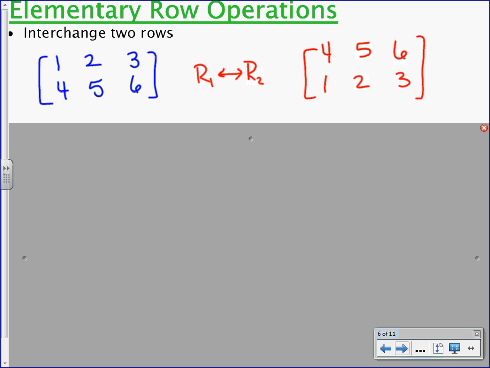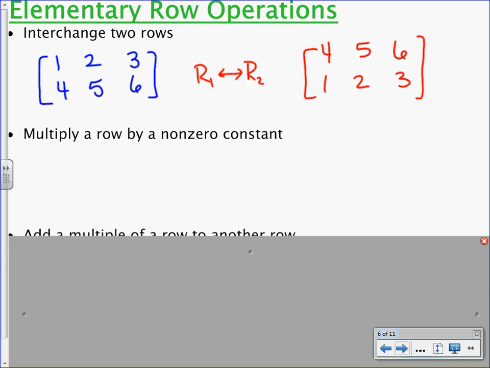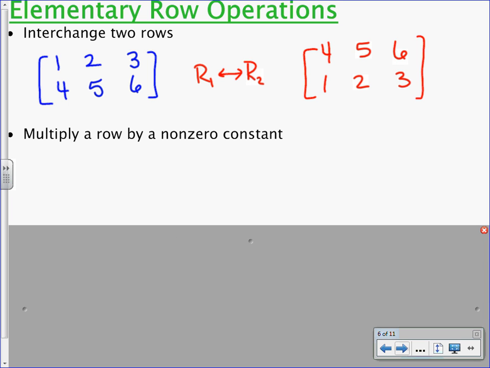We can also multiply a row by a non-zero constant. So I can take this matrix, and it is possible for me to just multiply one of these rows by a number that's not 0.